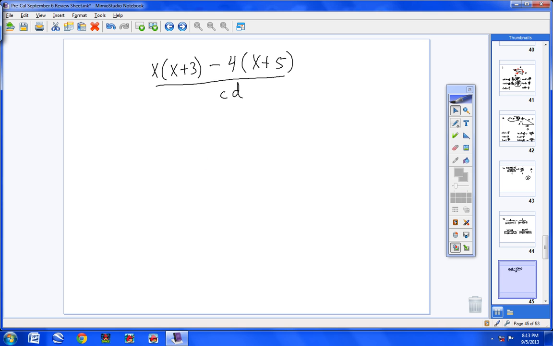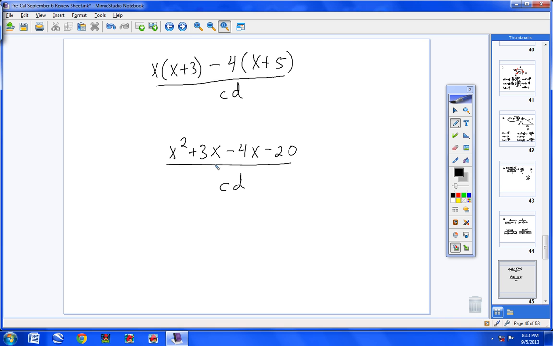All right, now I've combined my fractions. Now I have to simplify the top, or my numerator. So x times this group would be x squared plus 3x. Now be careful, you're not multiplying a 4 through, you're multiplying a negative 4 through. So negative 4 times x is negative 4x, and negative 4 times 5 is negative 20, all over your common denominator.